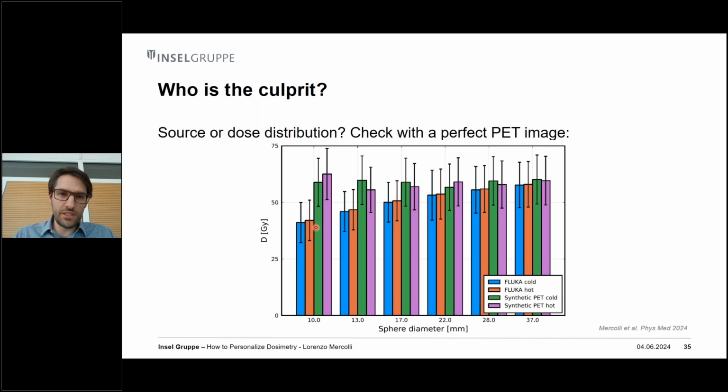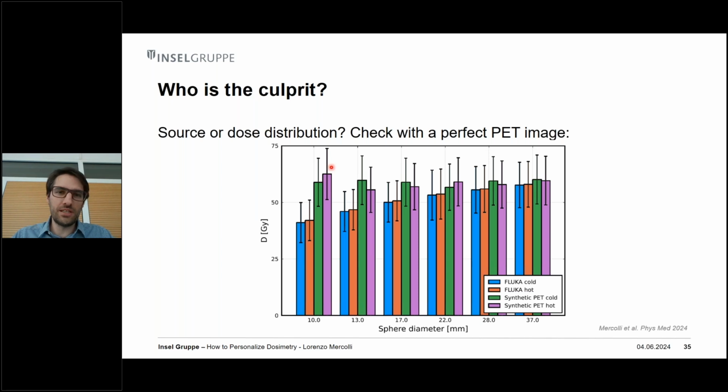The first two bars are the full Monte Carlo, and you see again the same effect. For the small sphere, the semi-Monte Carlo is not able to capture the spill out of the dose, because the electron dose is just deposited locally.